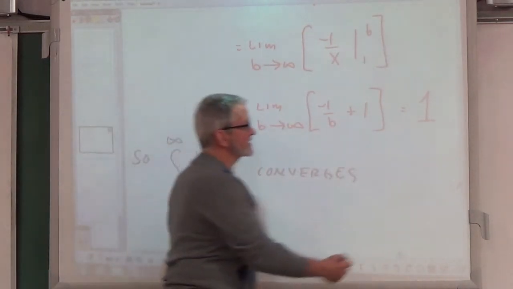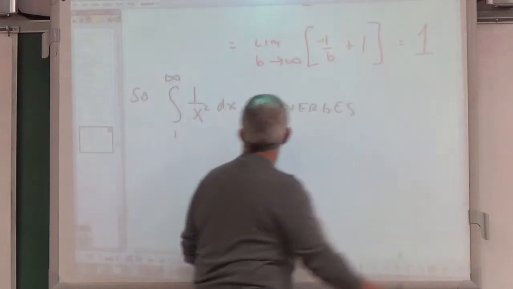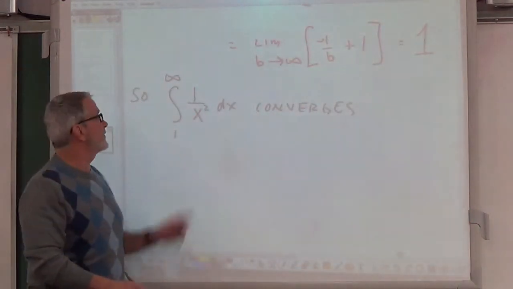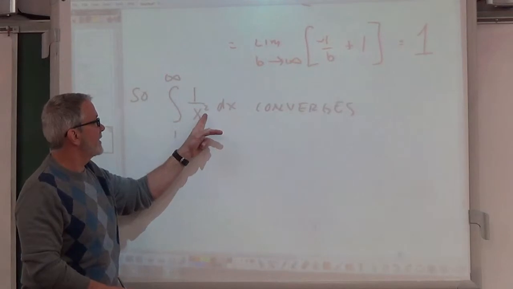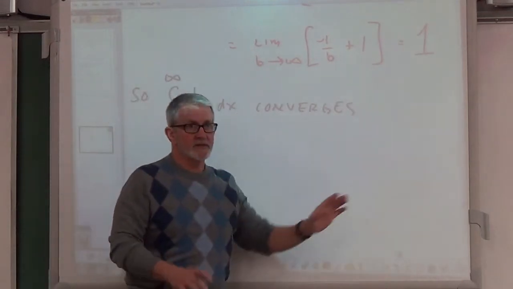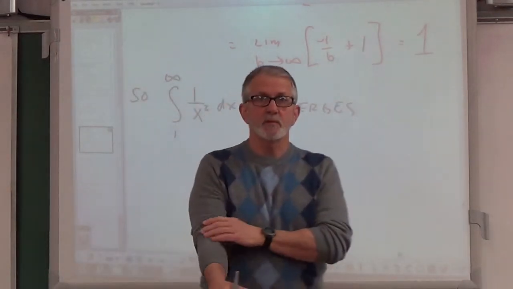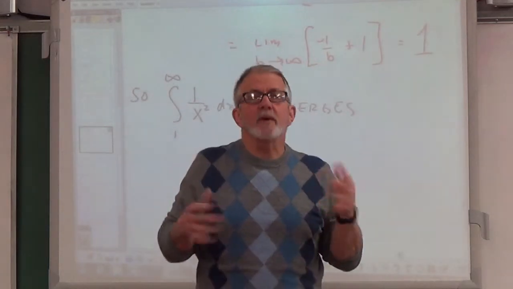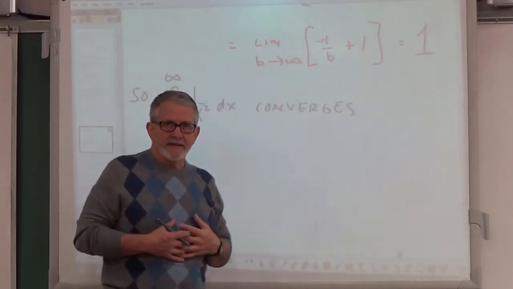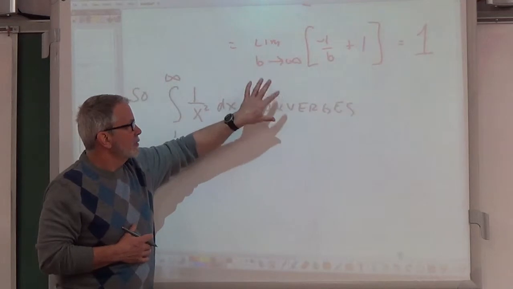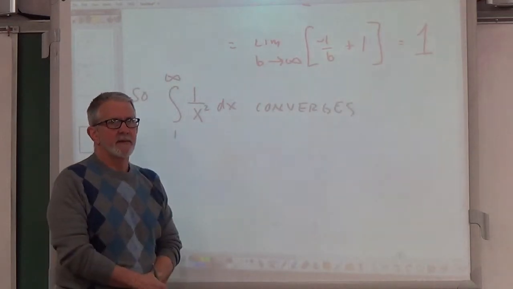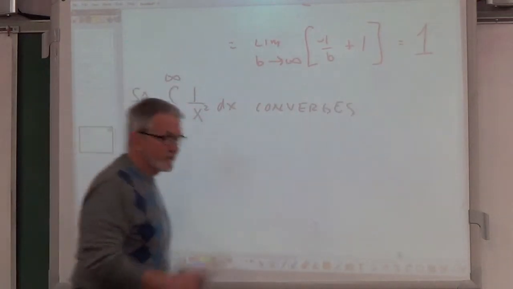That tells us that the improper integral from 1 to infinity of 1 over x squared dx converges. We know it converges to 1, but all we really worry about today is that this converges. So I've got this one converging.